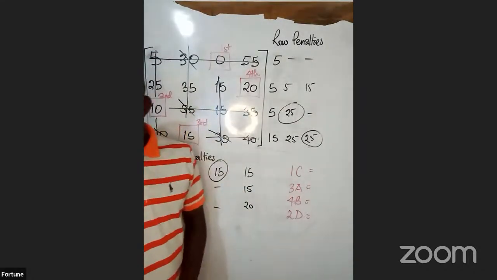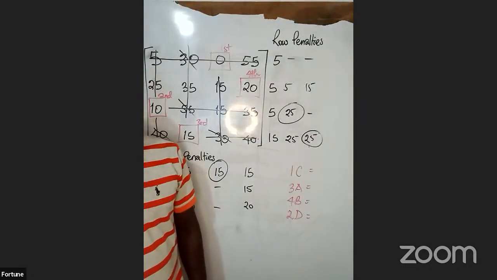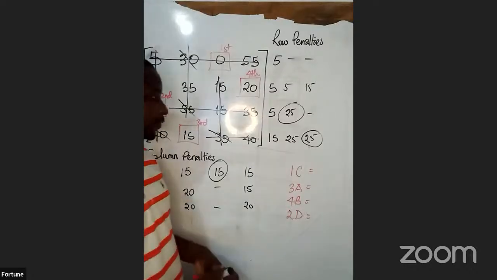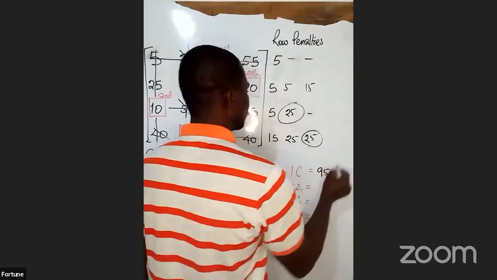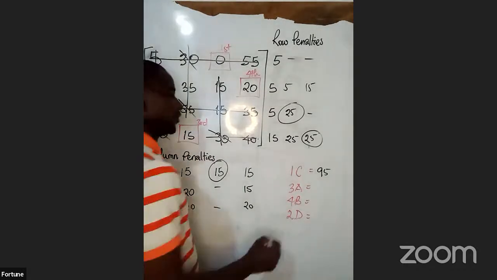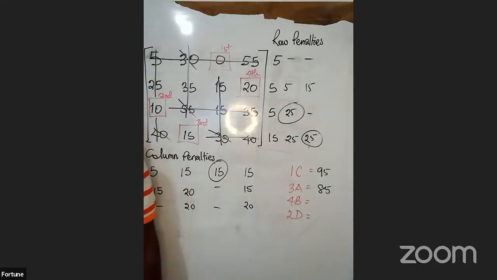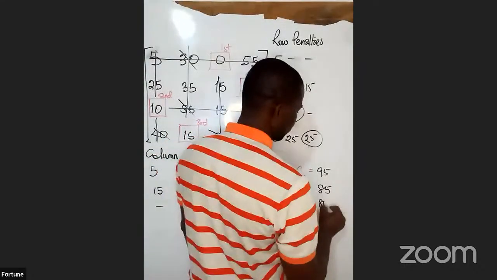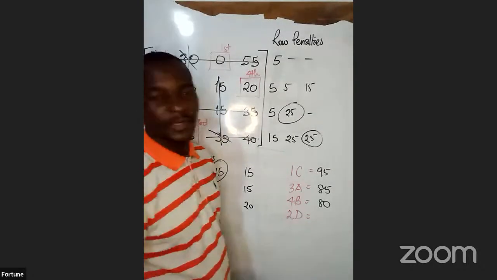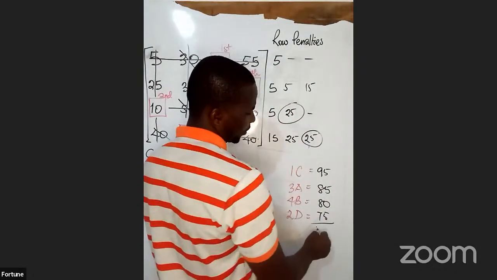Looking back for 1C, what is that? Look at the original. 1C is 95. 3A is 85. 4B is 80. And 2D is 75. And then we had, what did we get? Wasn't it 335?